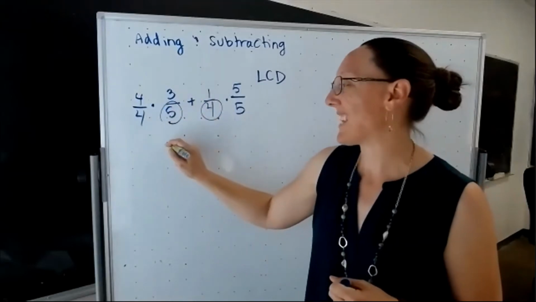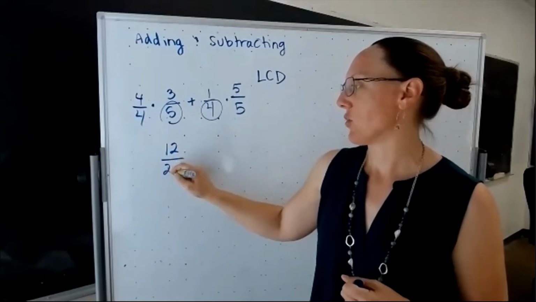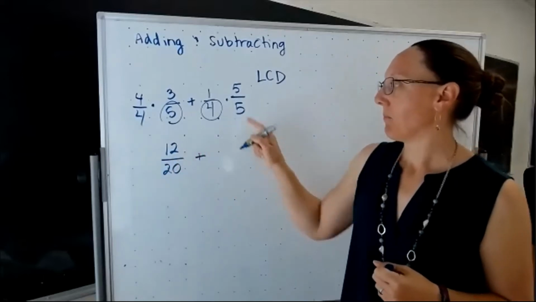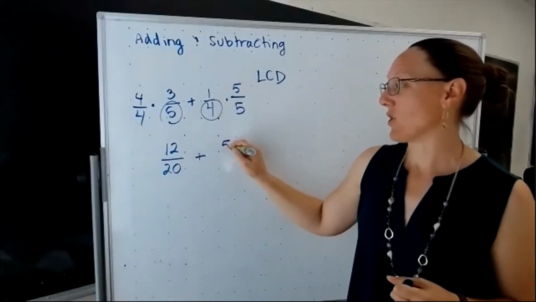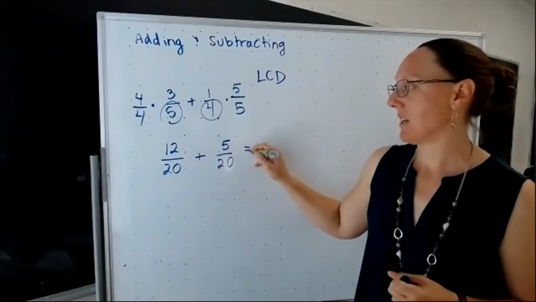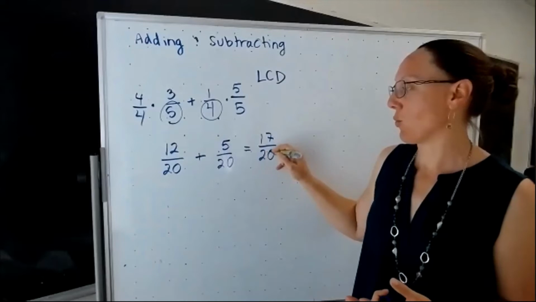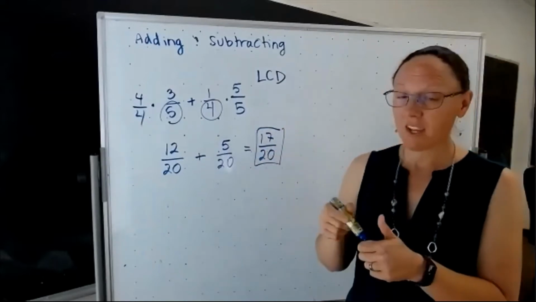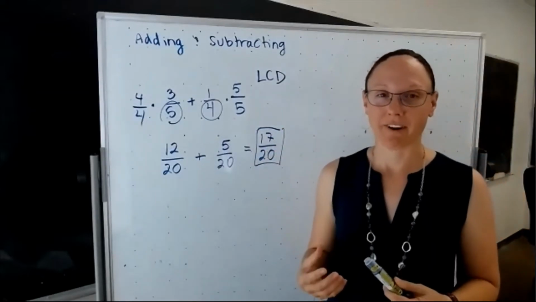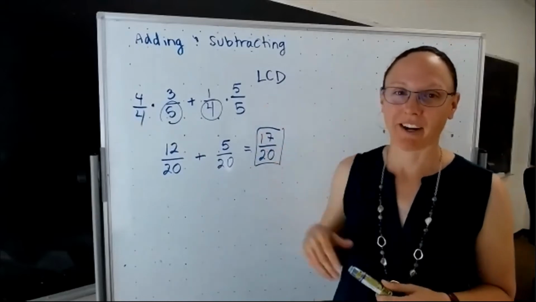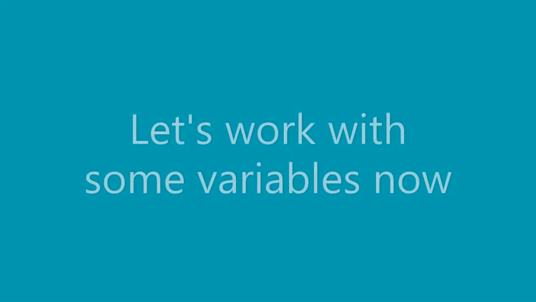So 3/5 is equivalent to 12/20, and 1/4 is equivalent to 5/20. My final answer is 17/20. Anytime we're adding or subtracting fractions, we've got to start by finding that common denominator.